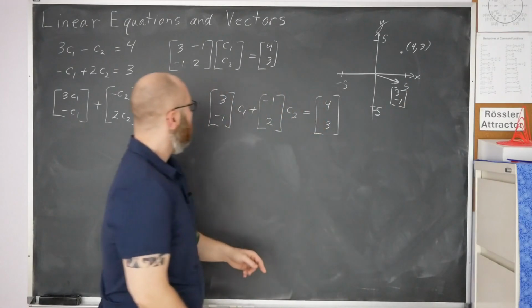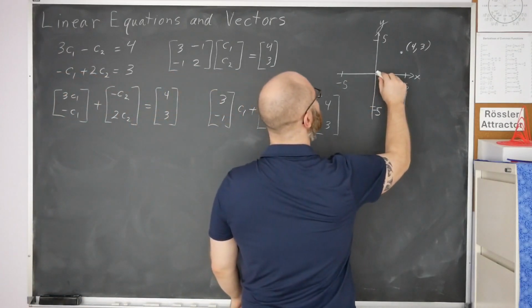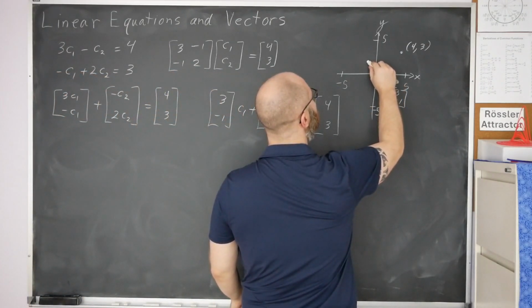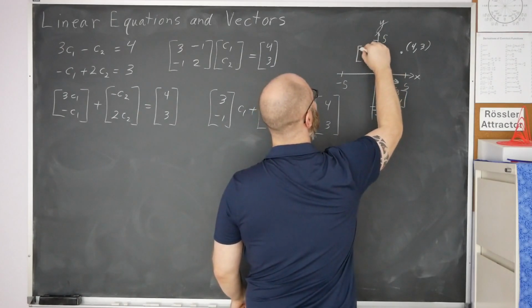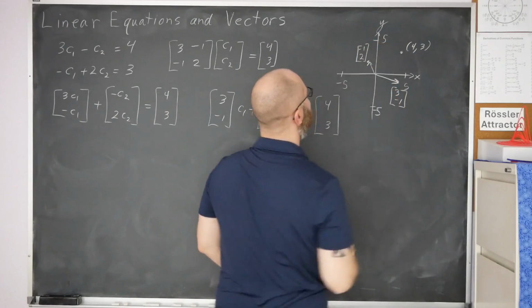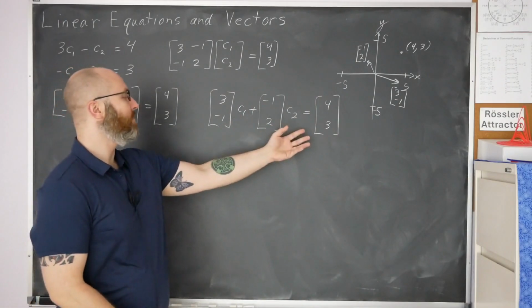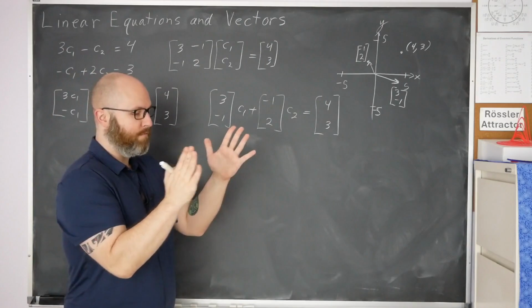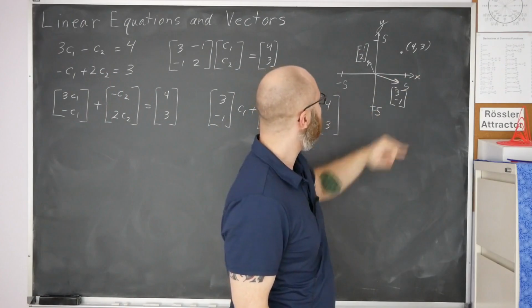And then negative 1, 2, all right, there-ish. Okay. So I get to multiply these vectors by scalars, so I can stretch, compress them or lengthen them. And when I add them together, I want to get to this point.